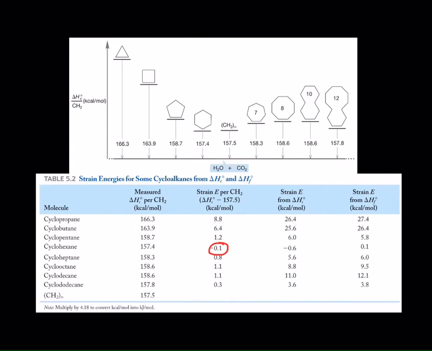Why? Again, because of the chair conformation that it can undertake, which alleviates all angle strain. It also alleviates all torsional strain. And so our understanding of that distortion is backed up quantitatively by the energy we get for both heat of combustion and heat of formation.